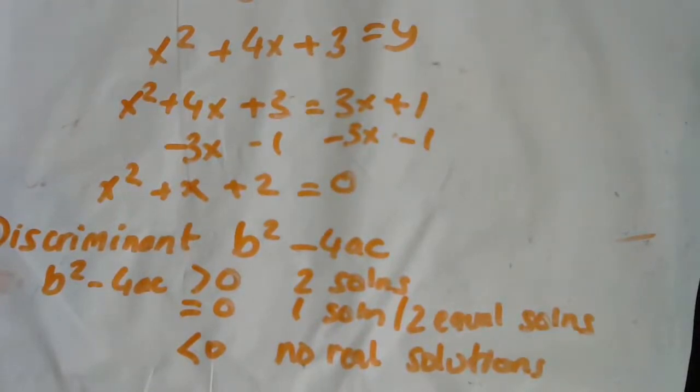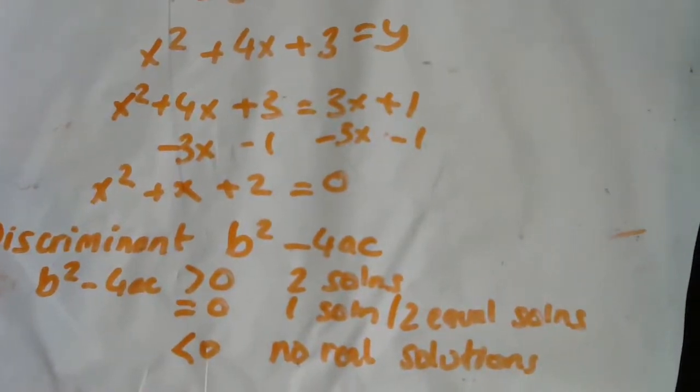So just do b squared minus 4ac, tell me whether you get a positive number, a negative number, or no number at all. As soon as you've done that, can you pop that in the chat for me?